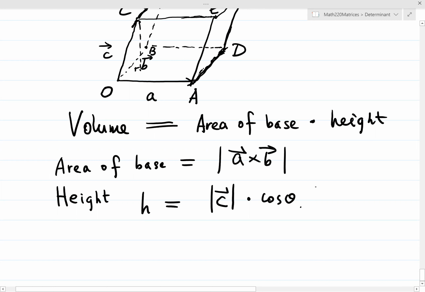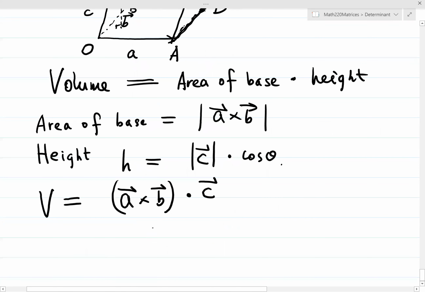So the volume V, in this case, you can write as A cross B, this vector, dot product with C. Now, if we do this, by definition of the dot product, we get the norm of A cross B times the norm of C times cosine of theta.